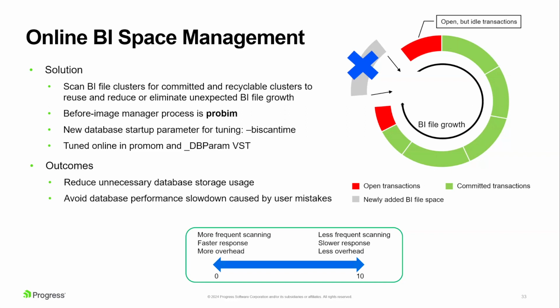This parameter can be tuned online using Promon and the dbparam VST. What this does is reduce unnecessary database storage usage and avoid database performance slowdown caused by user mistakes.